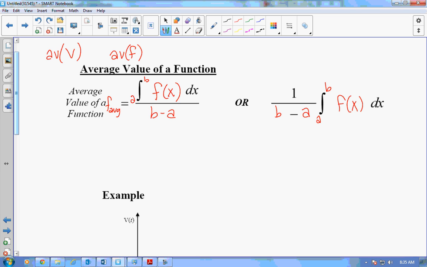Okay. So, with you and your partner, you're going to be filling the area underneath the curve of that graph with these M&Ms.